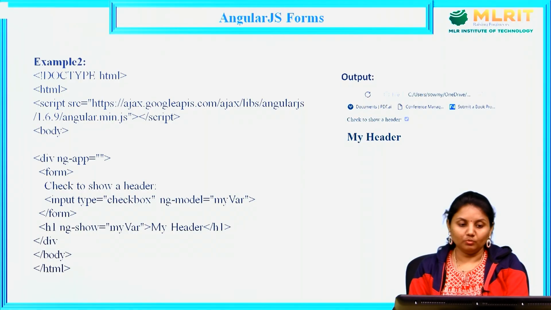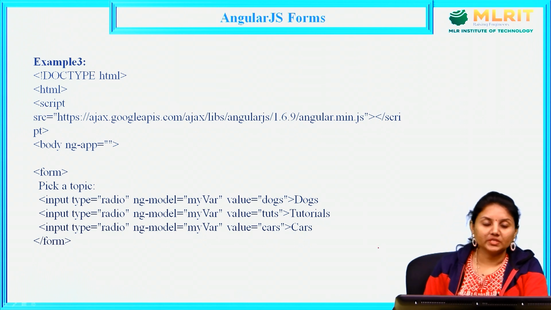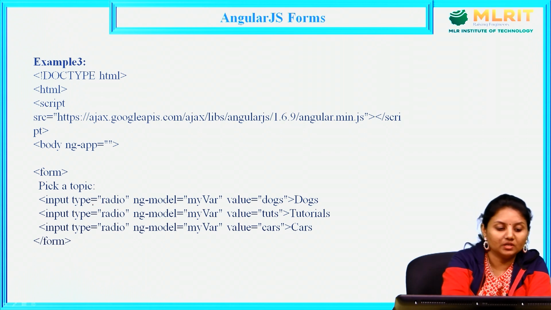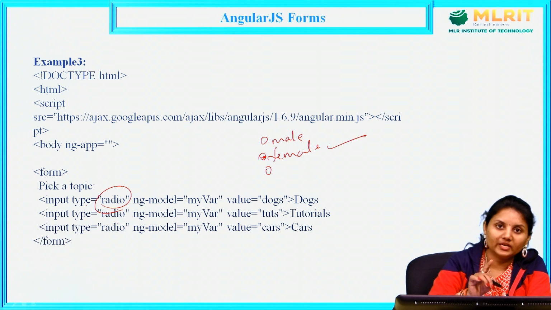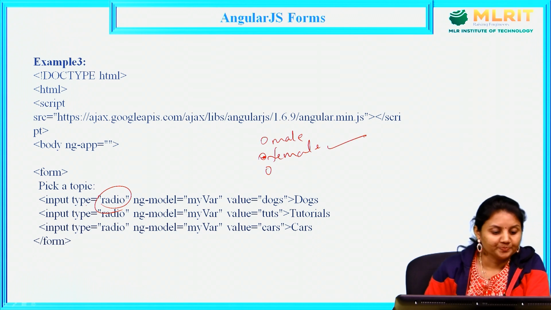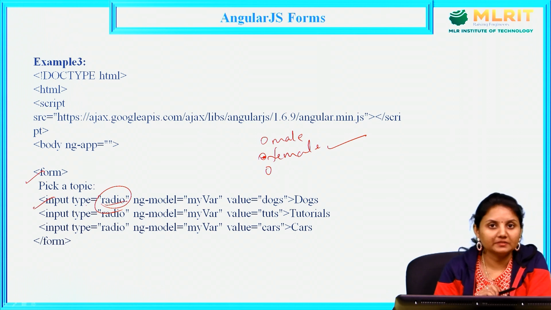Then moving further with another input control, which is radio. Like how we have given type equals checkbox, we are giving here radio. Radio means radio buttons. Among a set of options, whatever you select, you can select only one among many. So in the form we have seen input type equals text, type equals number, type equals checkbox.